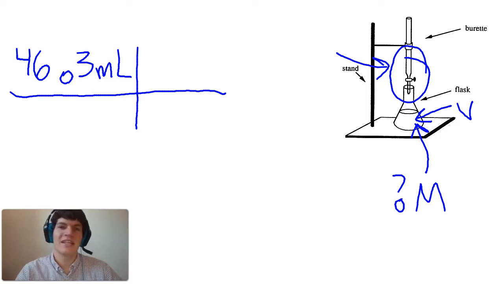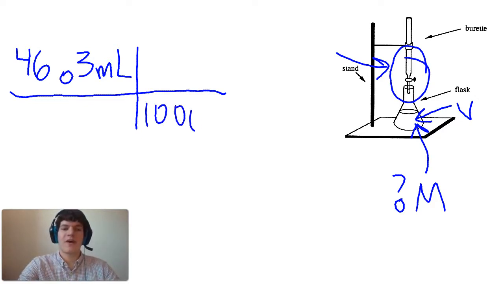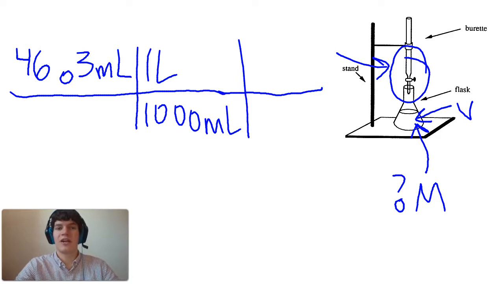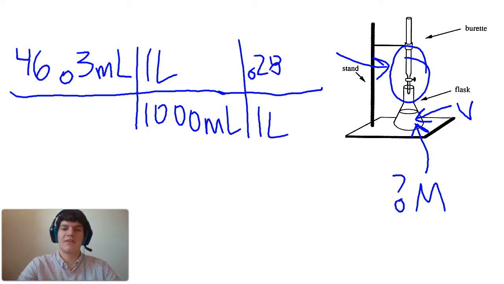Now, molarity is also known as moles per liter, so I need to convert these milliliters into moles per liter. I'll do that by using 1,000 milliliters per liter, and then one final conversion, using the molarity of 1 liter per 0.287 moles of NaOH to convert it into moles of NaOH.